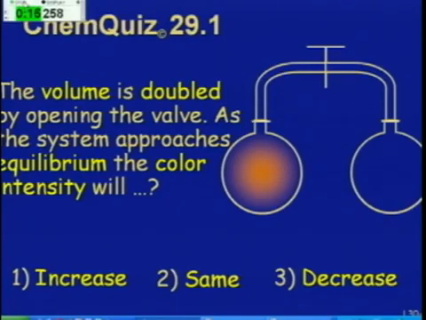Let's see, maybe the reaction is here. Yeah. Right there. Now we're talking.